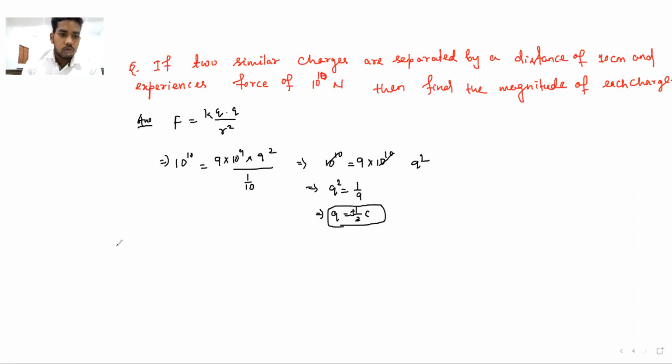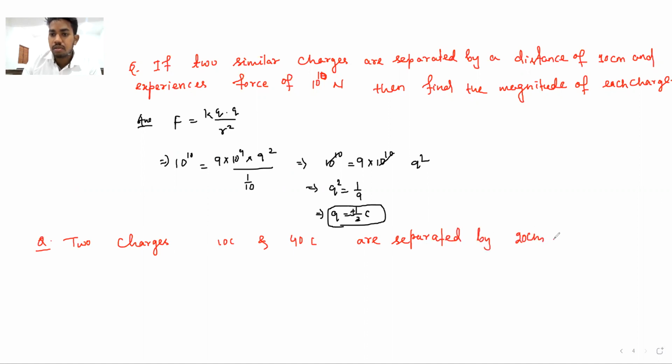And the question may be asked like this: two charges, 10 Coulomb and 40 Coulomb, are separated by 20 centimeter.